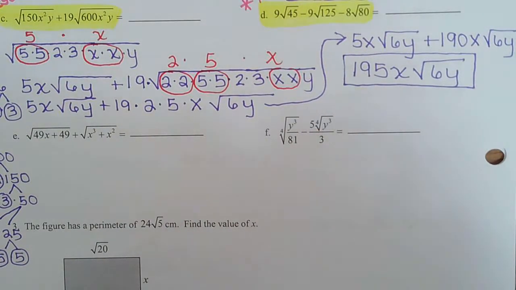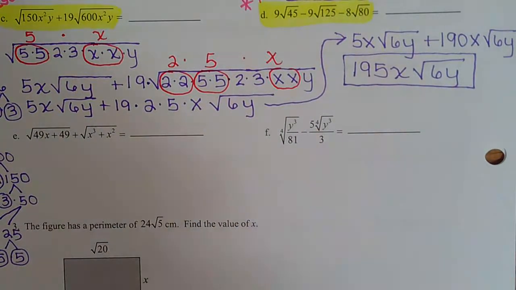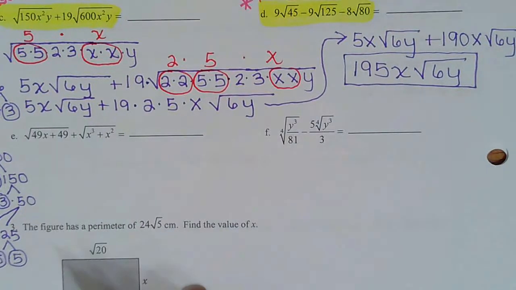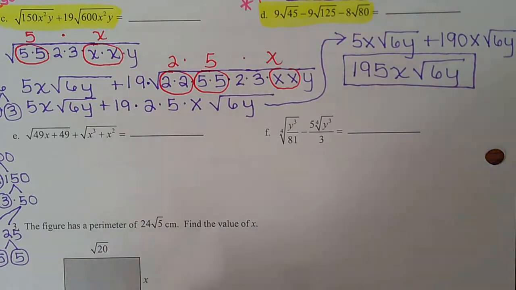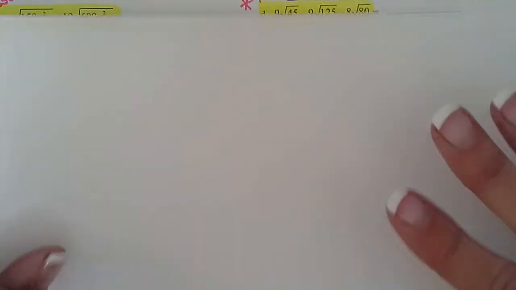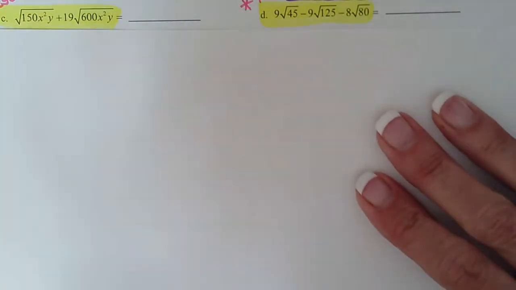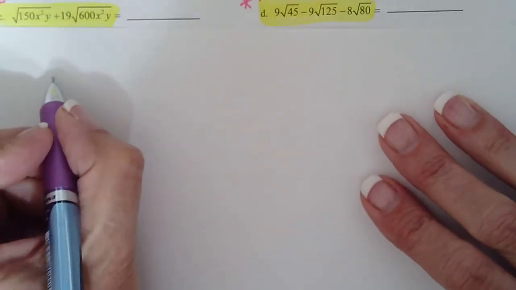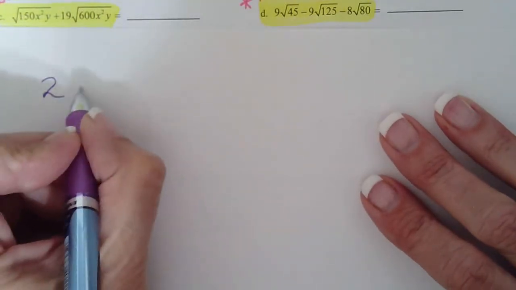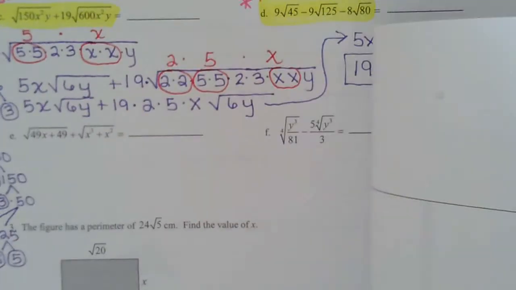Okay, so let's go ahead and do D on a separate sheet of paper. So I'm going to write it out on my paper. So this is number 2D on page 14.